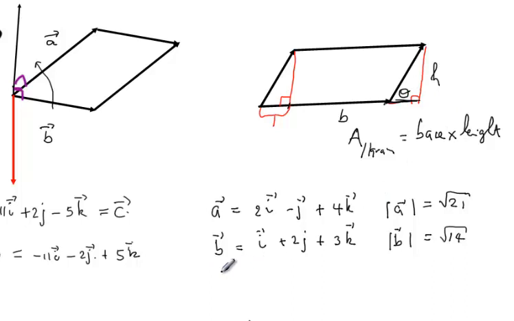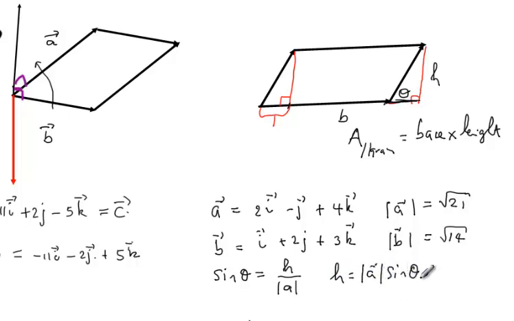So you can say sine theta equals what? h over the modulus of A. That's h over modulus of A. Therefore h is equal to modulus of A sine theta.